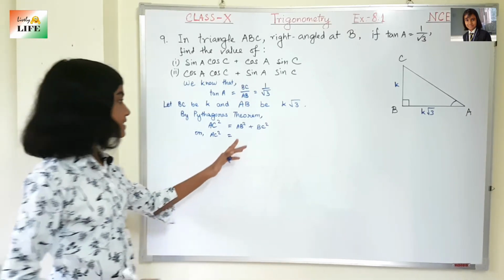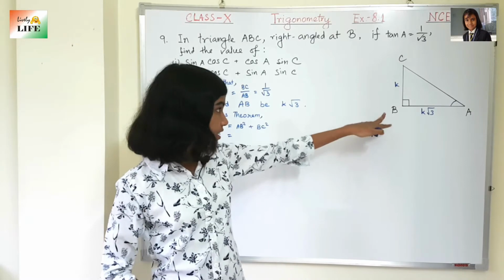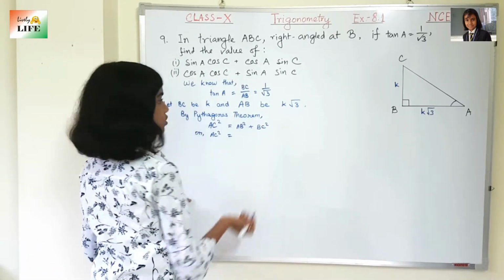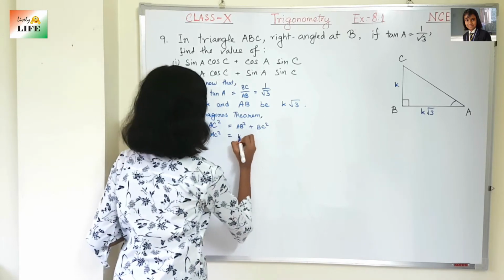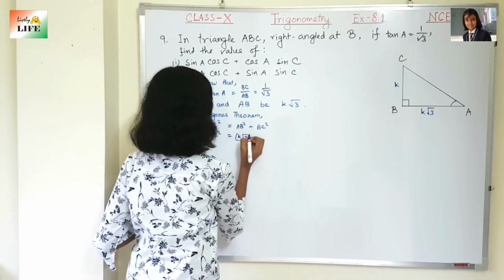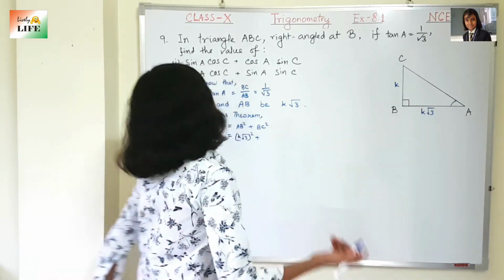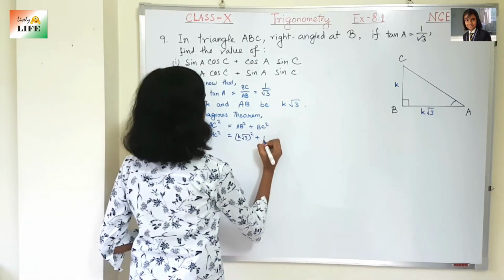AC square is equal to what is AB? We know that AB is K root 3, then AB square will be K root 3 whole square, plus we know BC is K, then what will BC square be? K square.